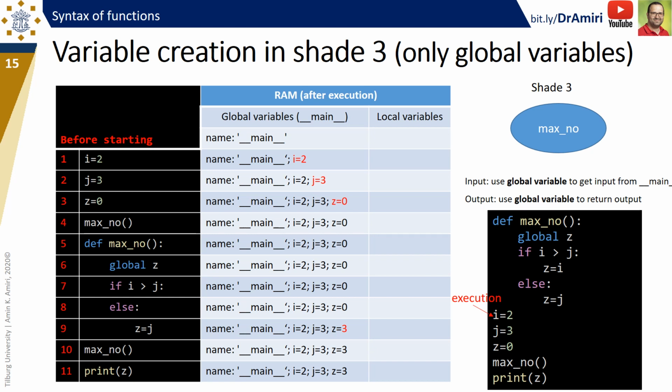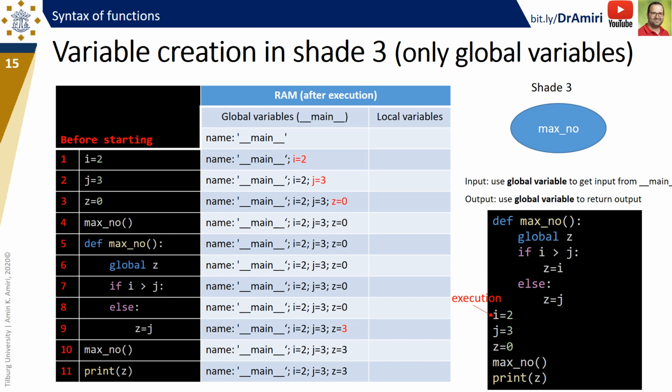After that, z is created in the RAM, and when you call the maxNO function, it goes inside the function. However, since we don't have any parameters, the signature of the function does not create any variables.